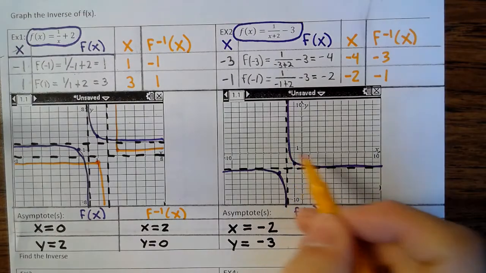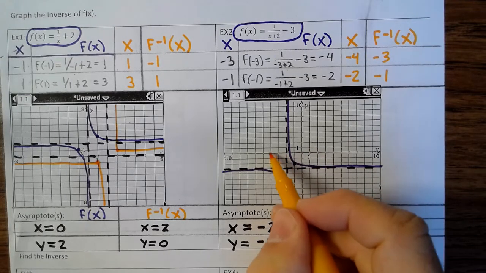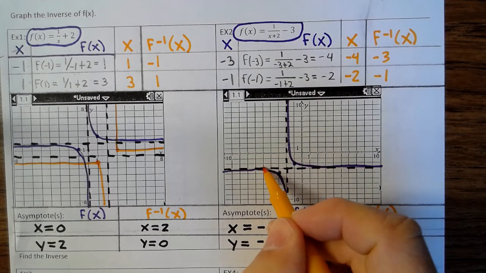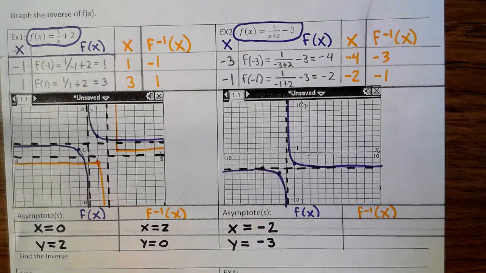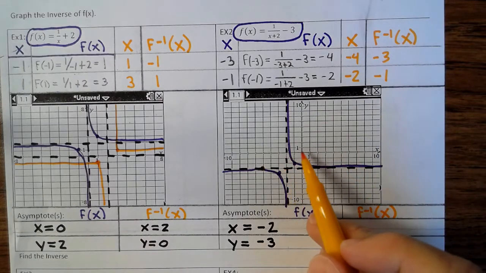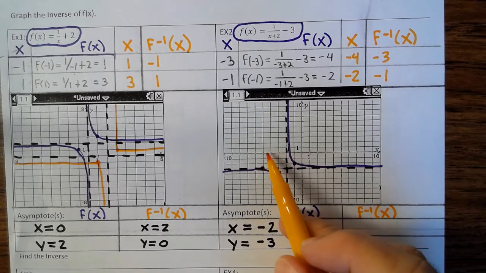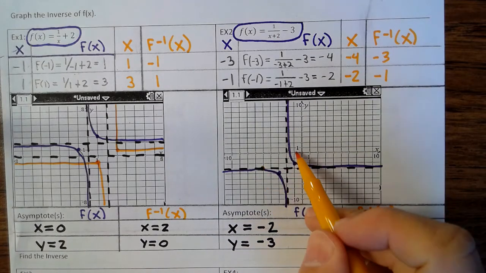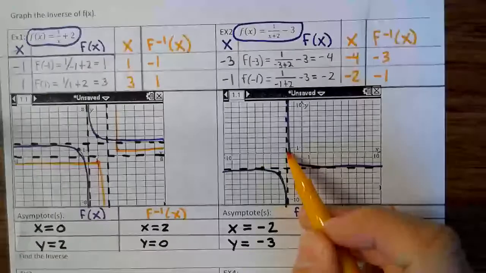So we go -1, -2, -3, -4, -1, -2, -3. Let me double check. -1, -2, -3, -4, -1, -2, -3. And then -2, -1, -2, -1.